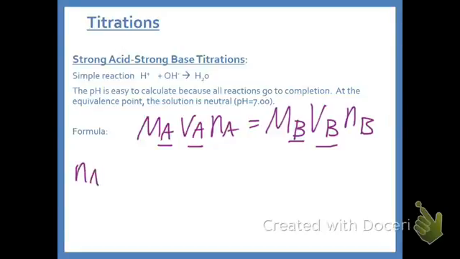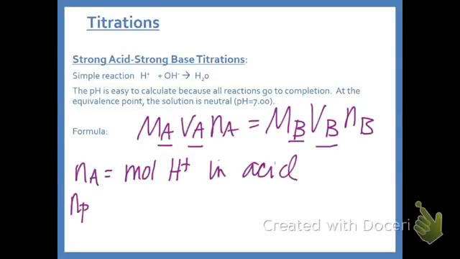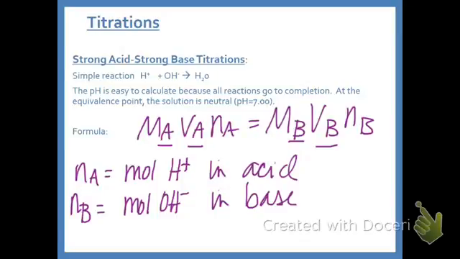The NA, however, is moles of hydrogen in your acid. The NB is moles of hydroxide in your base. So we're not going to be looking at the balanced equation. We're just going to be looking at the formula of the acid and the base.